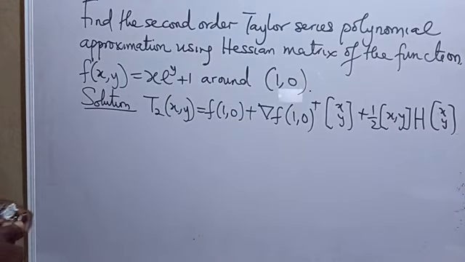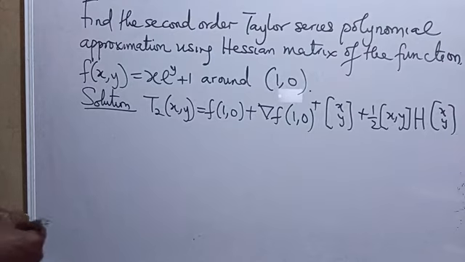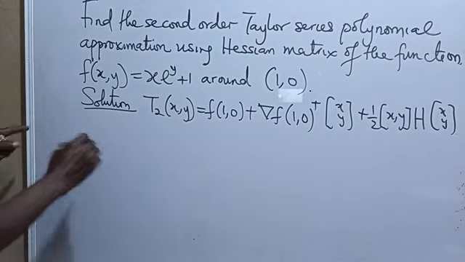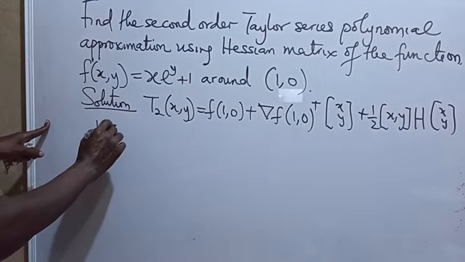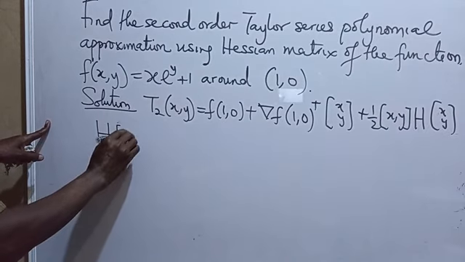In the course of our explanation, we are going to see the meaning of the Hessian. Let me write the Hessian matrix formula. Hessian of 1 comma 0.